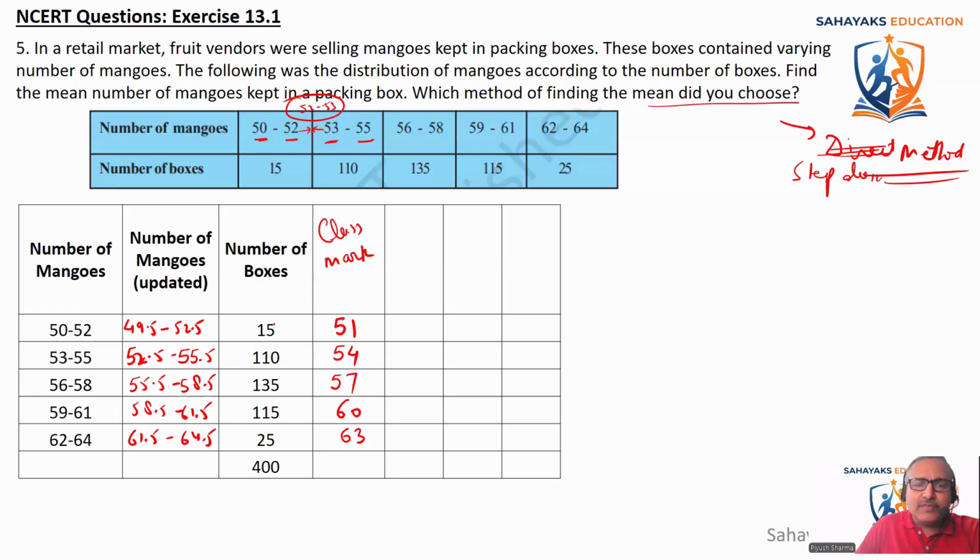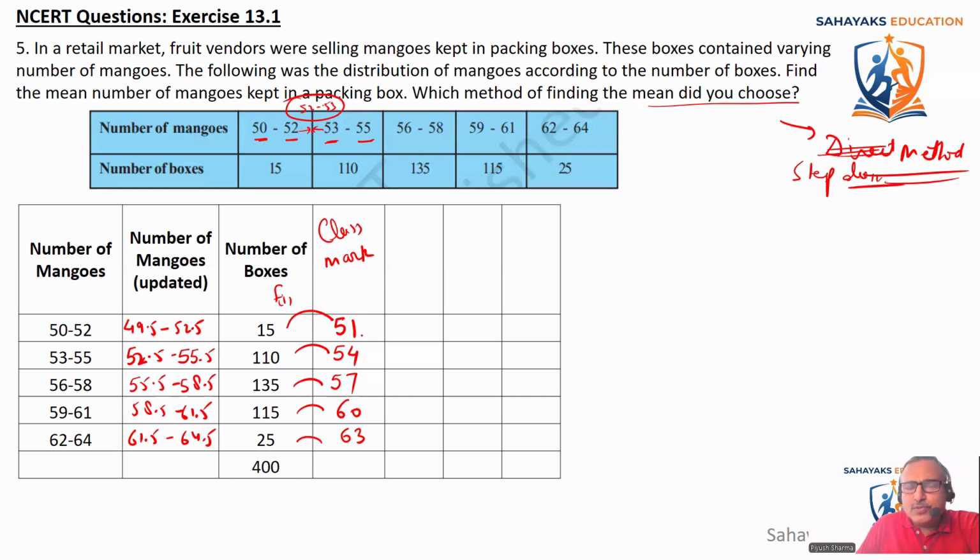Because I don't want to multiply 15 by 51. Multiplication with all these numbers is a difficult task. That's why I'm going to use the step deviation method.